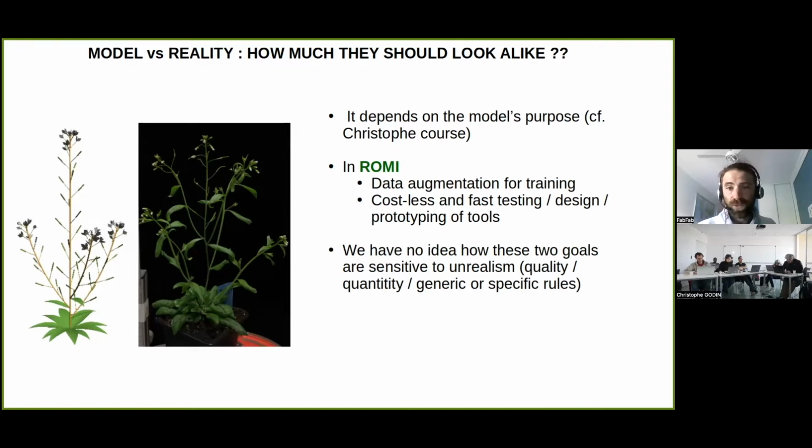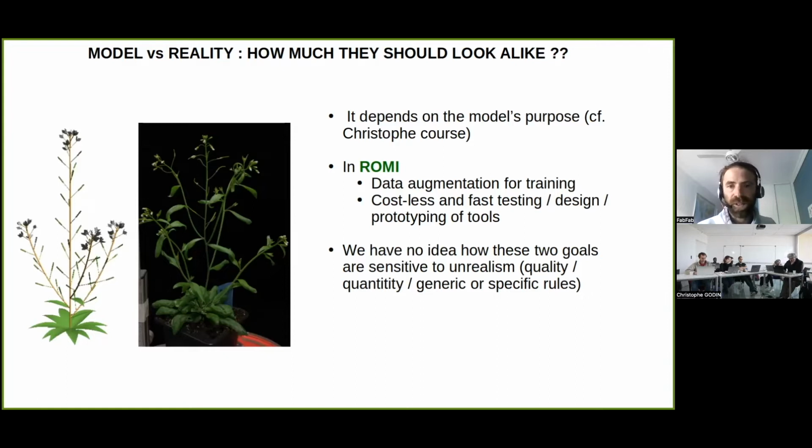And in the case of ROMI, this European project we are involved in with the guys from Paris, DCSL, we are using virtual plants for a precise objective, and we have two sub-objectives where we identified that we can use virtual plants in a useful manner.